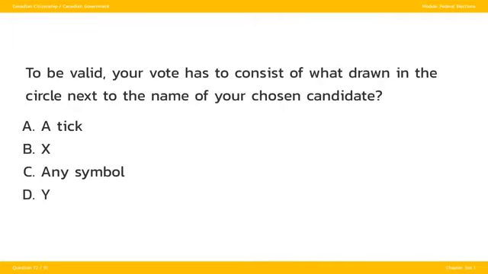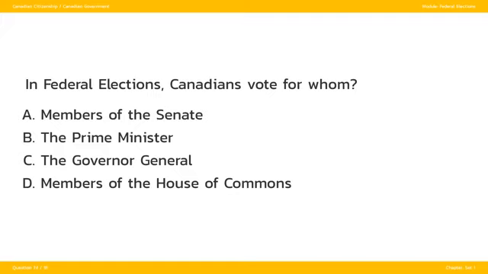To be valid, your vote has to consist of what drawn in the circle next to the name of your chosen candidate? A. A tick. B. X. C. Any symbol. D. Y. The answer is B. X. In federal elections, Canadians vote for whom? A. Members of the Senate. B. The Prime Minister.